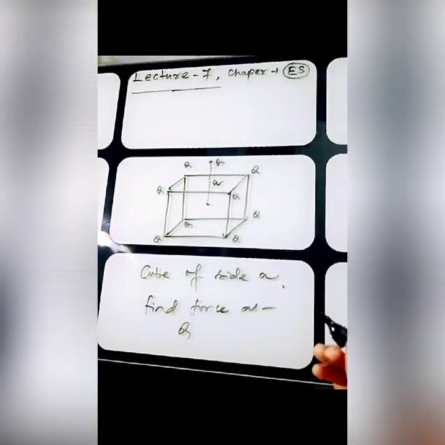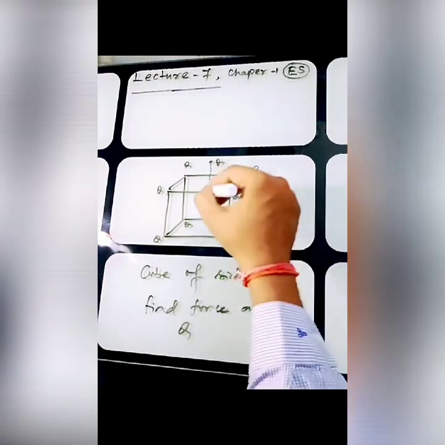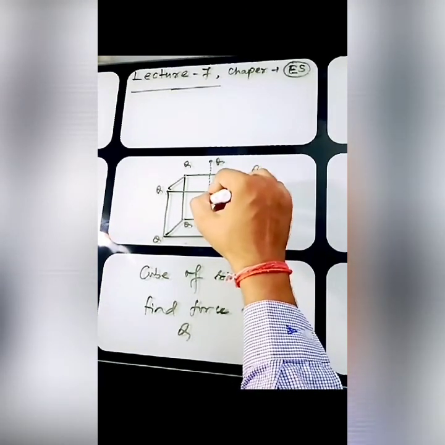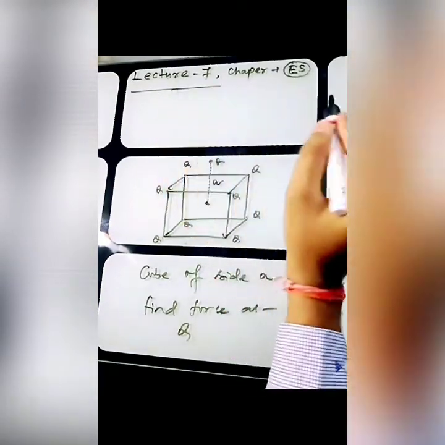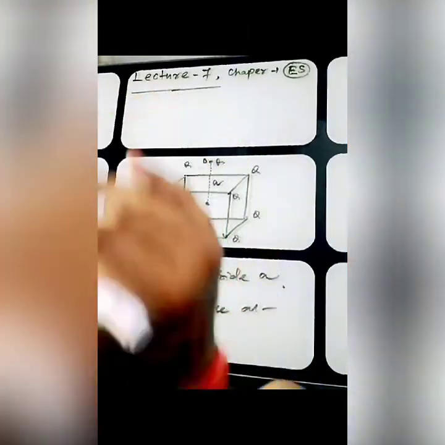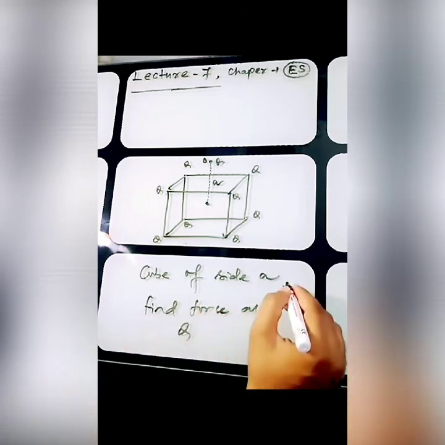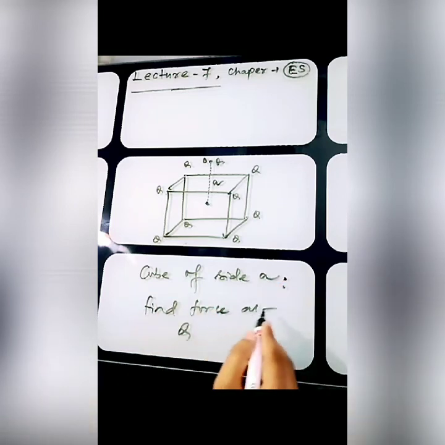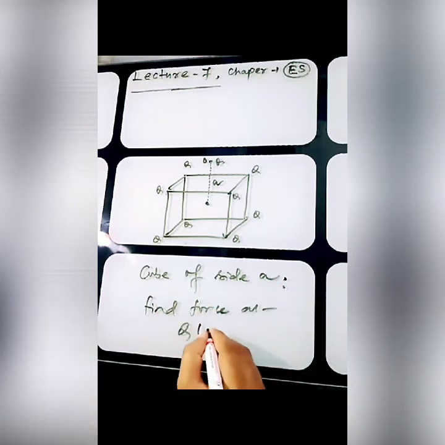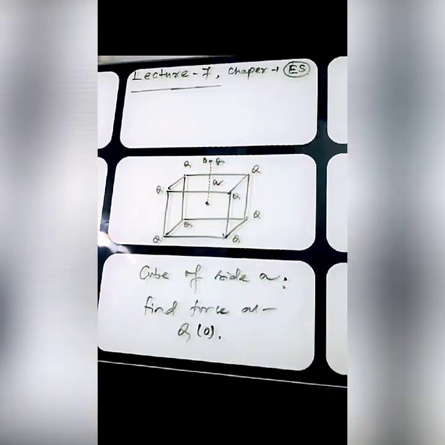This charge Q is placed at O, the body center of the cube of side A. Find the force at Q, which is placed at O, due to all the charges.